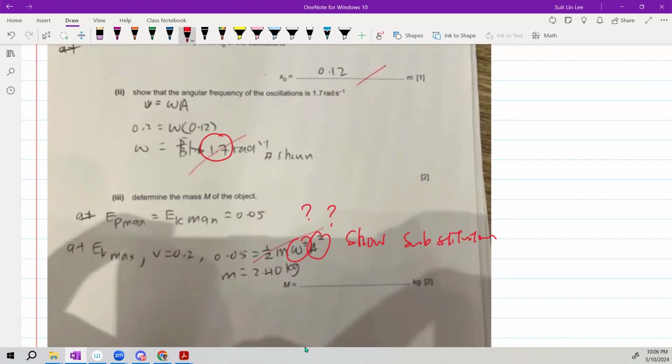So immediately here, I minus 1 already. Assuming you put in the substitution, it doesn't matter, because whether you put 1.7 or whatever you typed just now, it doesn't matter because you need to show your substitution.